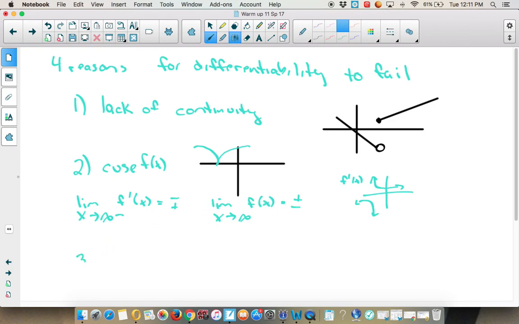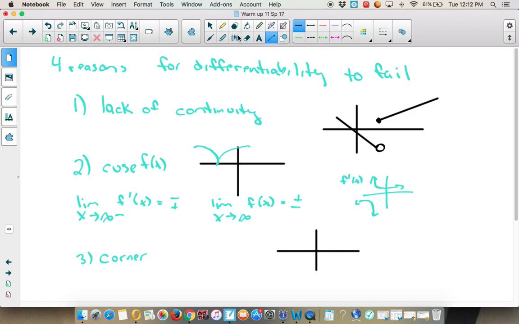Okay, your third reason to fail is a corner on your original function. A corner pretty much looks just like what it sounds like. Okay, but notice I'm not getting steeper and steeper and steeper. I've got a constant slope on one side, constant slope on the left, and a constant slope on the right.